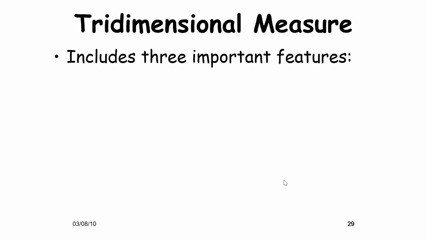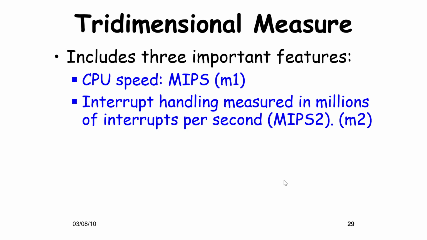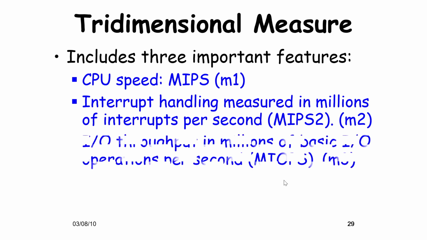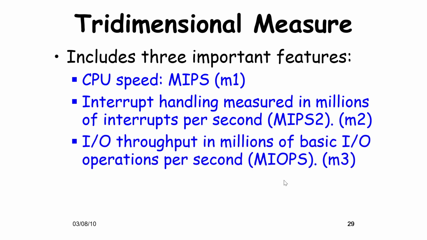We could create important features and look at a tridimensional measure, which would include the CPU speed. In this case, we are trying to look at the full system. The CPU speed would be the millions of instructions per second, and then the number of interrupts we can process per second, which would be like MIPS2, in the sense of your interrupt processing throughput, and the IO throughput, in the sense of how many IO devices you can process.